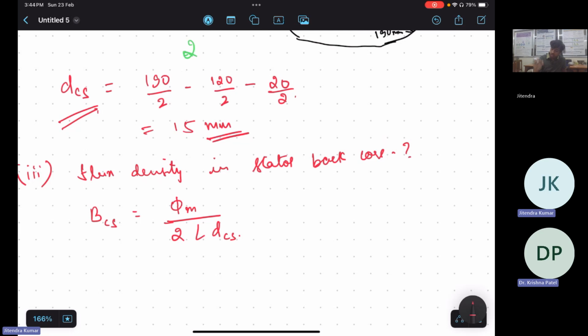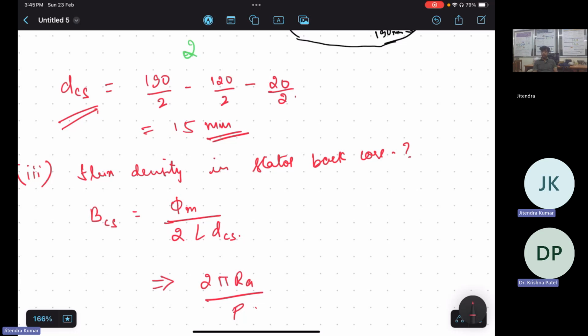So basically it is flux divided by area, right? And in how much area is that flux flowing? I have told you how to calculate the cross-sectional area. What is the expression? I think 2 pi RL by number of poles. 2 pi R L divided by number of poles. That used to be the circumferential length of the rotor.